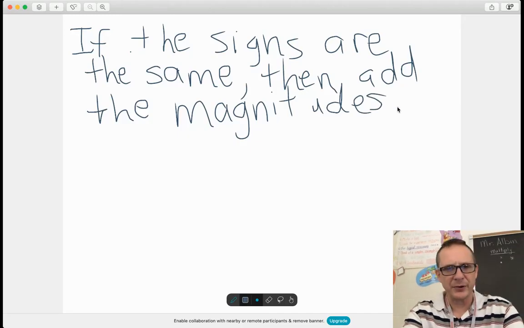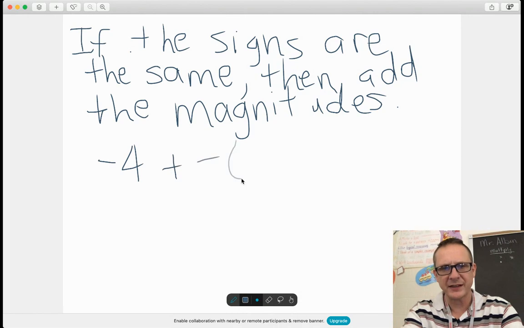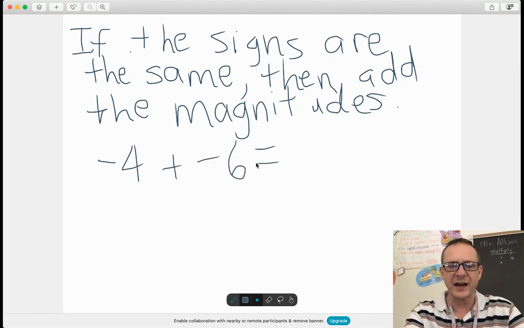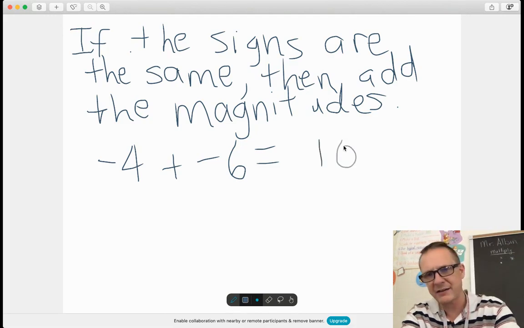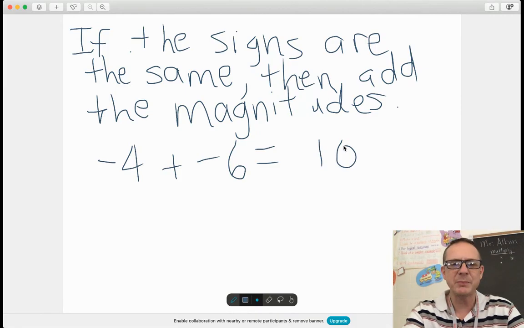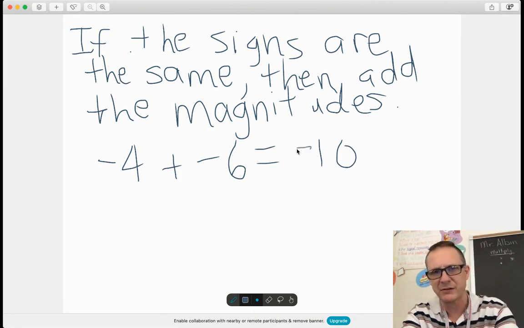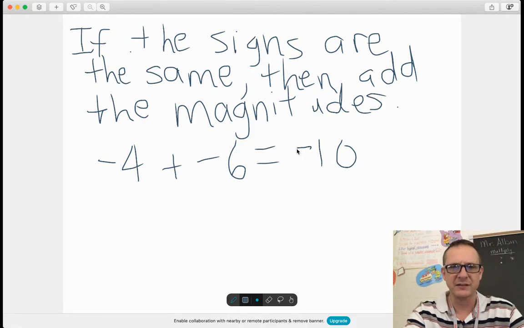For example, -4 plus -6, the signs are the same. So we're going to take the two magnitudes, which are 4 and 6, add them together to get 10, and then we're going to keep the sign of the number that is larger in magnitude, which would be the -6.